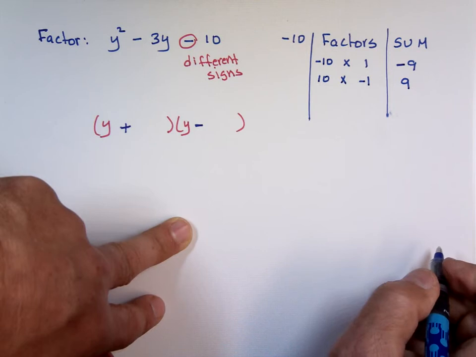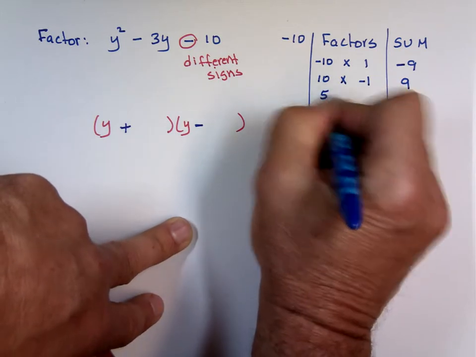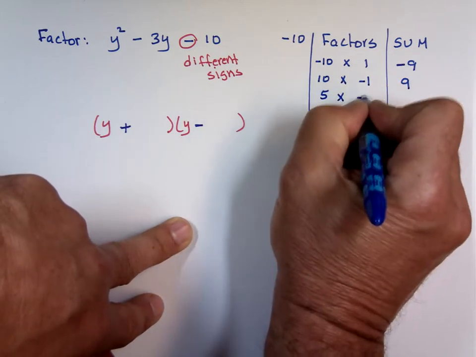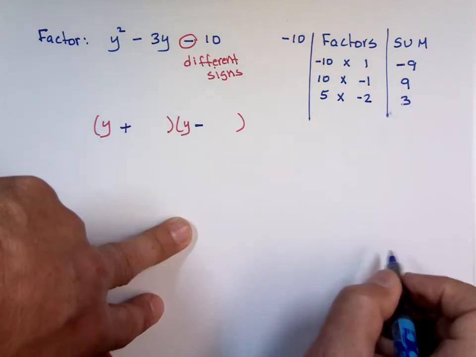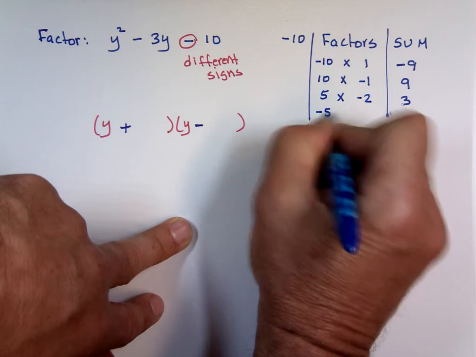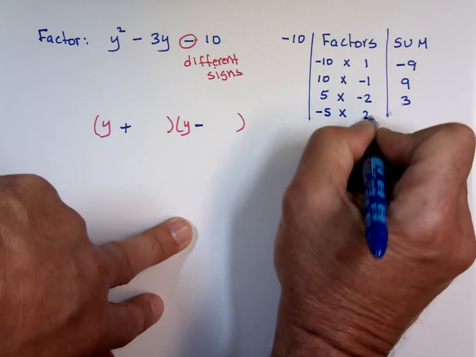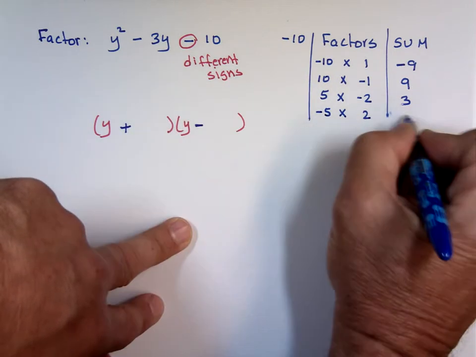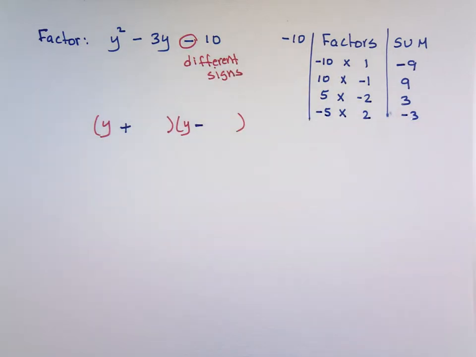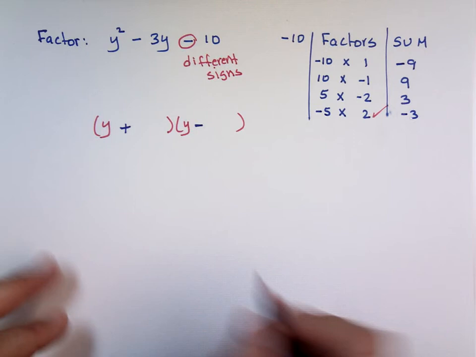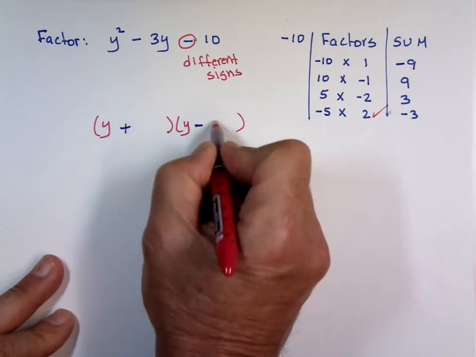Could be 5 times a negative 2. When you add them, that's a 3, doesn't match. Could be negative 5 times a 2. That's a negative 10. When you add them, that's a negative 3. And now we do have a match. The minus goes with the 5. The plus goes with the 2.